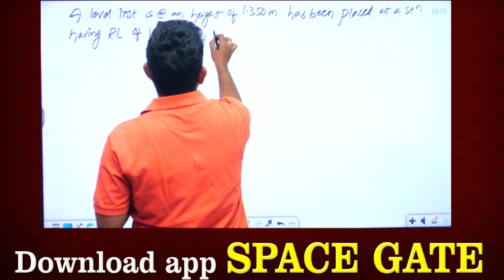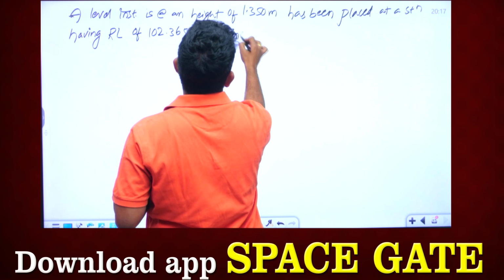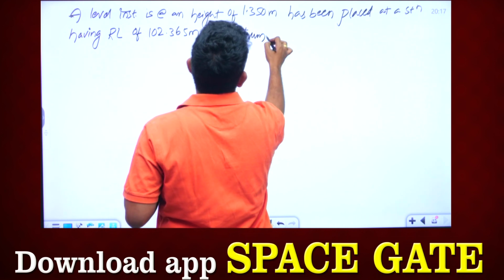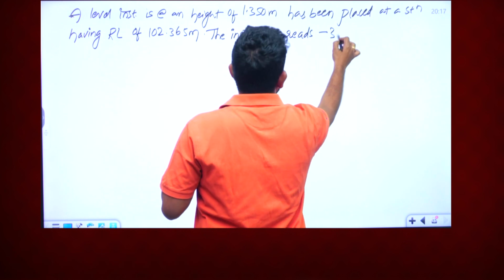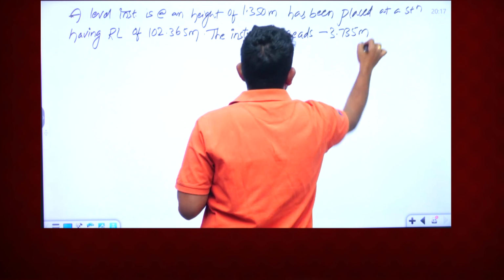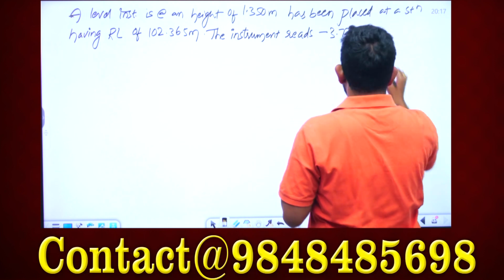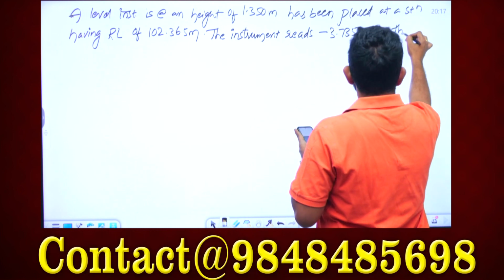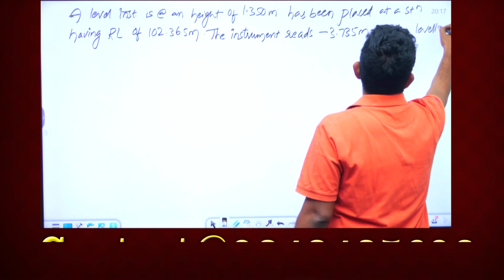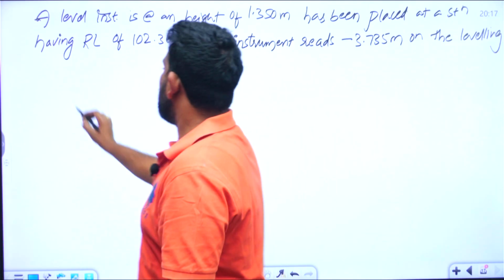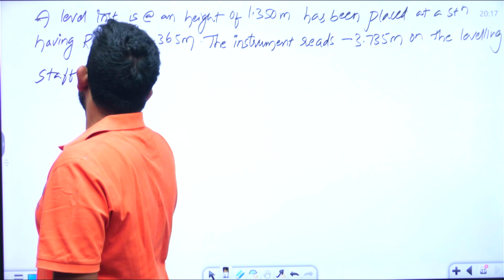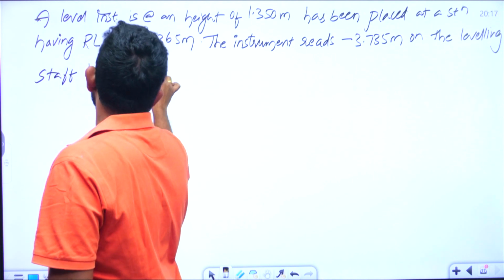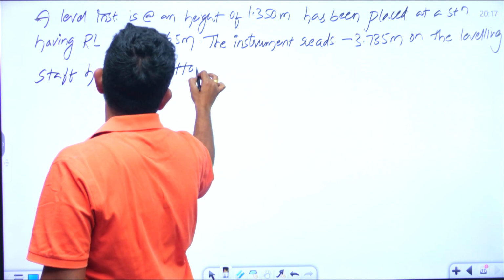The instrument reads minus 3.735 meters on the leveling staff held at the bottom of the bridge deck.